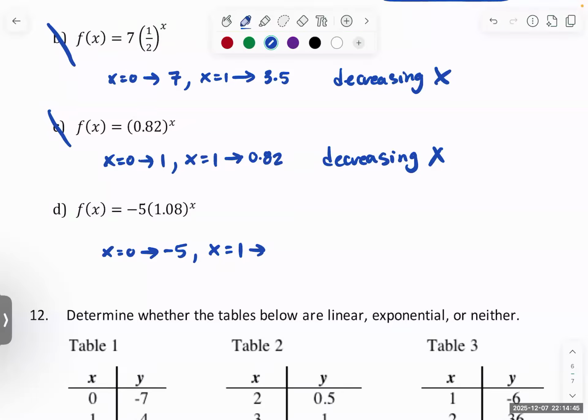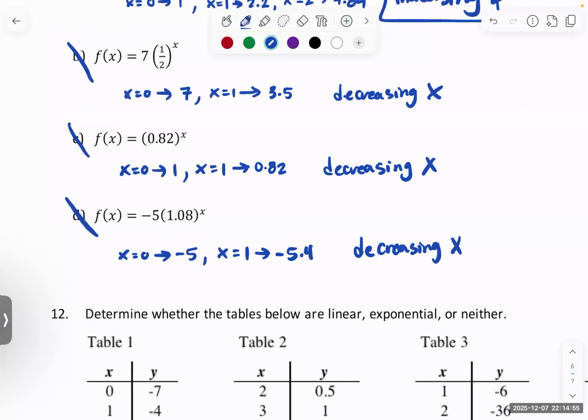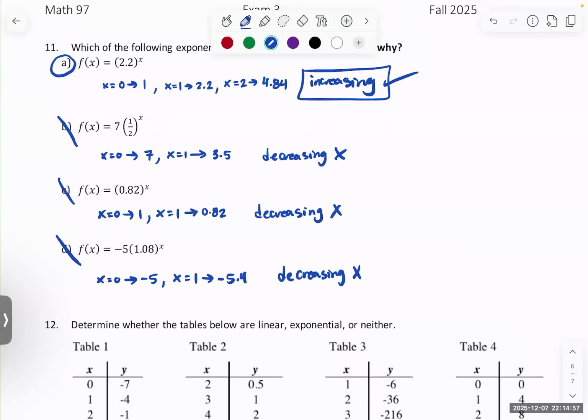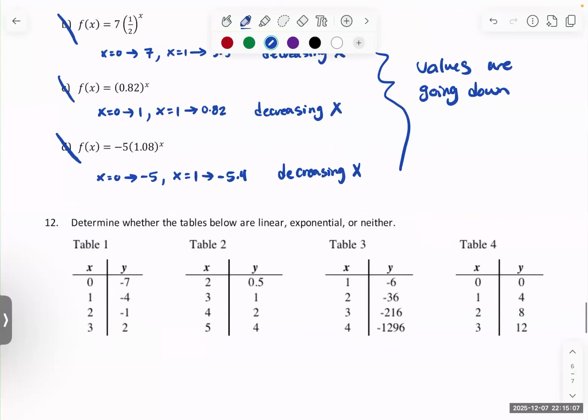This is also decreasing, so it's not increasing. Values are going down. That's why A is the only one.